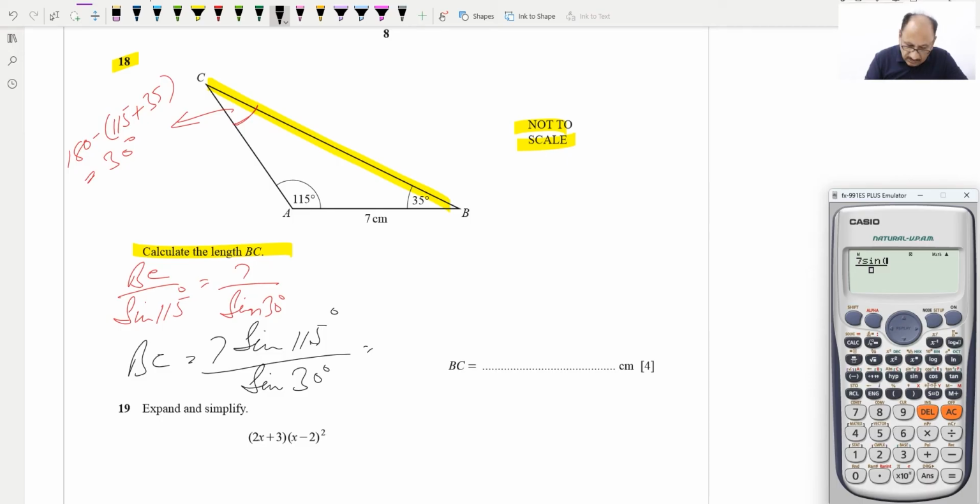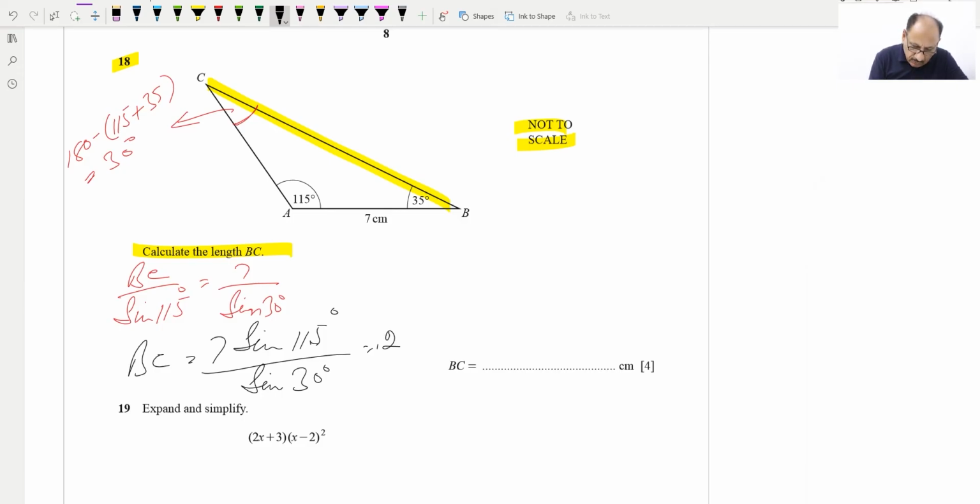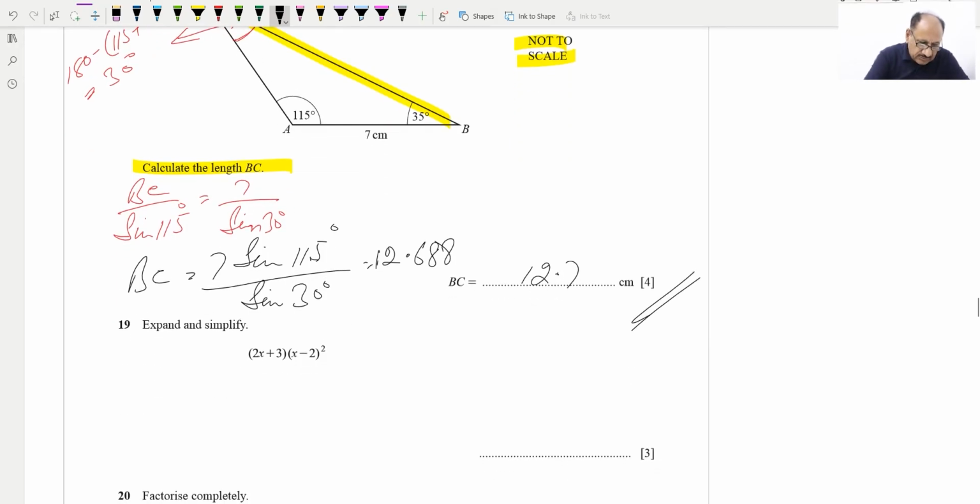Your calculator should be in degree mode, otherwise your answer will be different. This gives 12.688, and we can write this as 12.7 centimeters, and this was a 4-mark question, which is done.